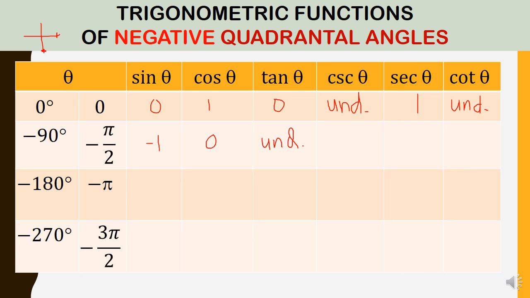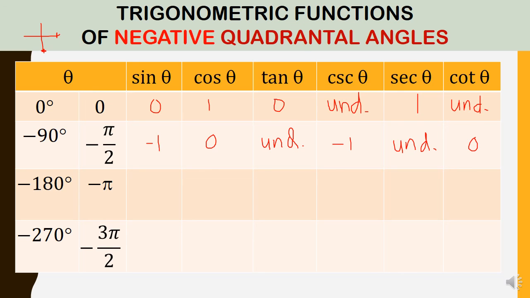Cosecant theta, this is equal to the reciprocal of sine, which is also negative 1. Secant theta, reciprocal of cosine, and that will be undefined. And then cotangent is cosine over sine, so that is a 0.